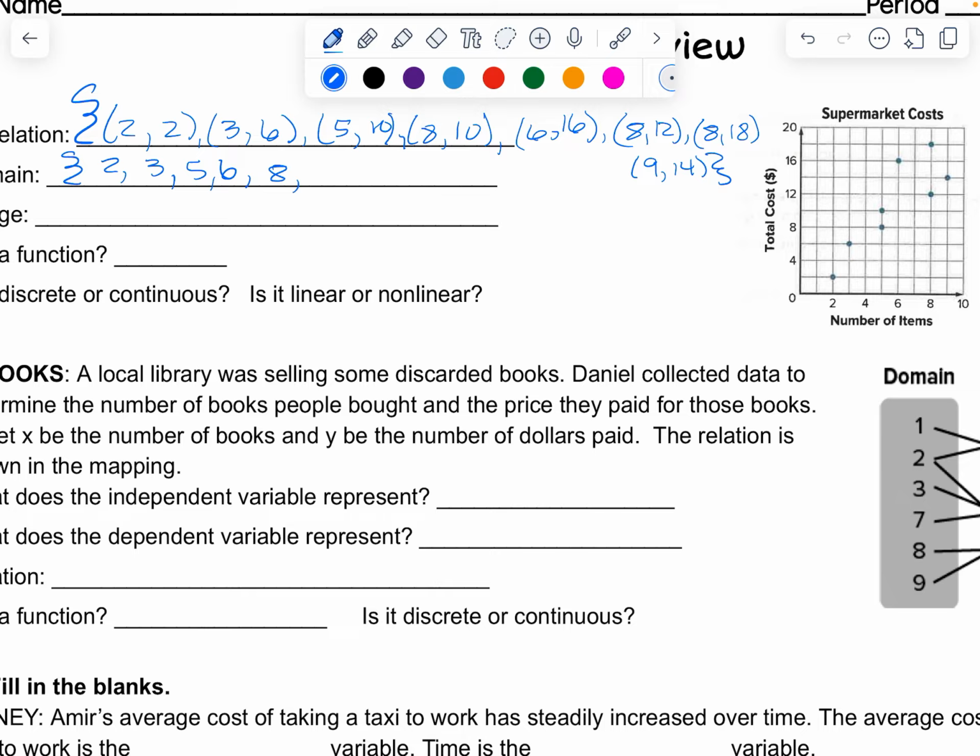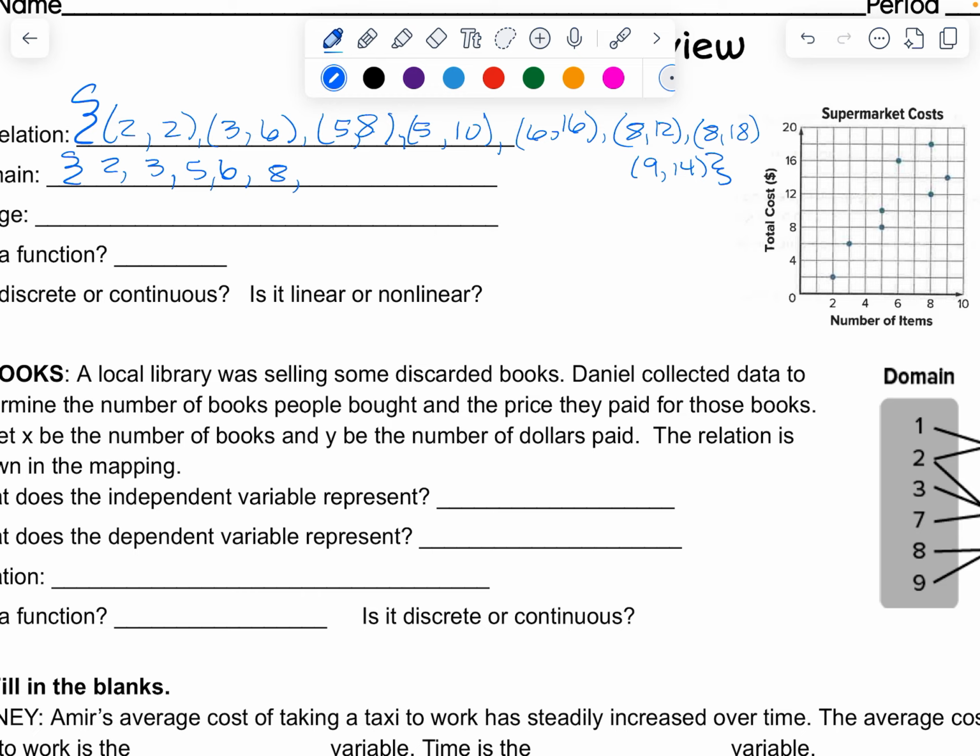Why did I do that? I know. I messed up on this. This is not 8, 10. It is 5, 8, and 5, 10. There we go.